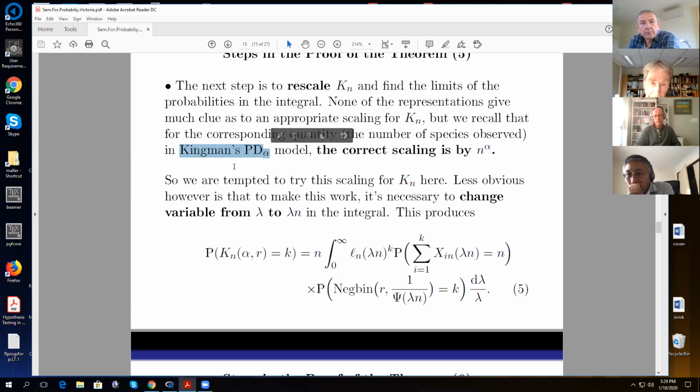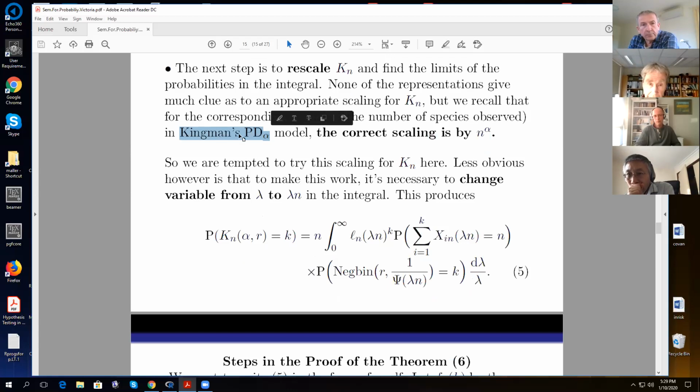because that is the correct scaling in Kingman's original PD alpha model, which I'm not sure I mentioned in these terms, but that was the original model that came out in Kingman's original Poisson-Dirichlet paper, where he takes his subordinator to be the stable alpha subordinator.